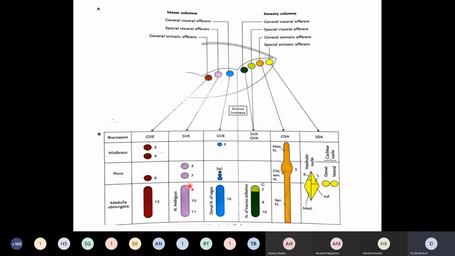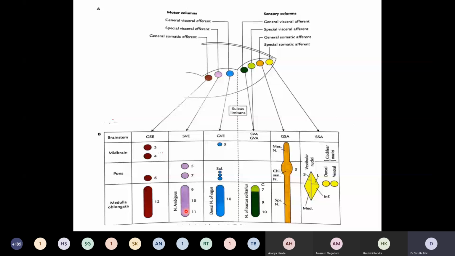Then the nuclei of the 9th, 10th and 11th together form a single nucleus called the nucleus ambiguus. This supplies the 3rd, 4th and 6th arch respectively.